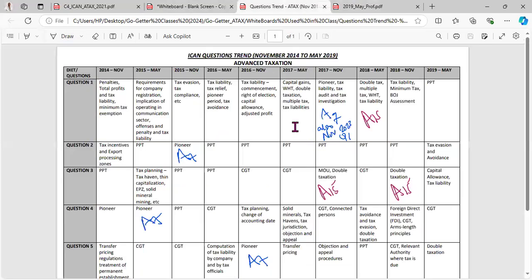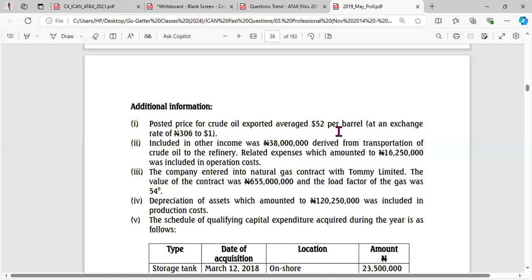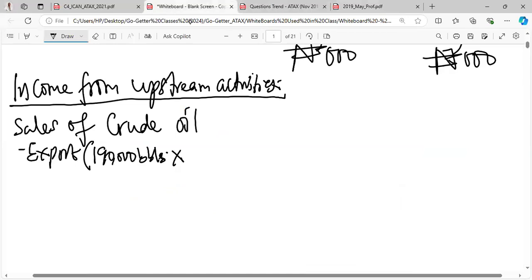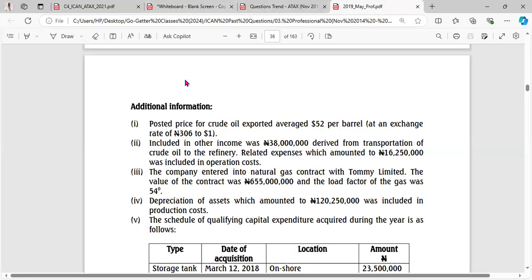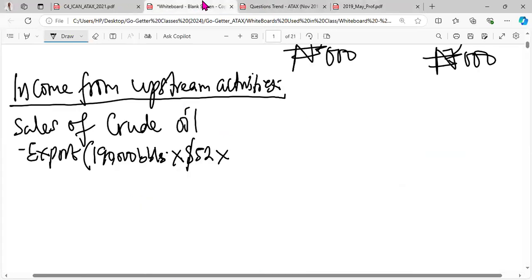The posted price is $52. We multiply it by $52. Now, what is the exchange rate? 306 naira per dollar. That was when Nigeria was good. 306 naira per dollar.